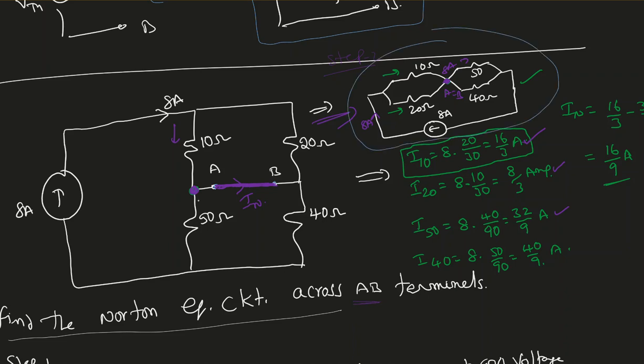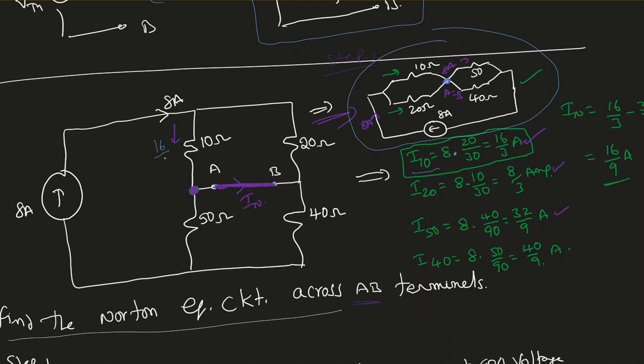Okay, what I did, since A and B are the same node, I connected it back. So current passing through the 10 ohm, I10, equals the total current multiplied by the opposite resistance. When there are 2 resistors in parallel, I can use the current division rule. So by using the current division rule, 8 times 20 divided by the total resistance, which is 10 plus 20, gives me 16 over 3 ampere.